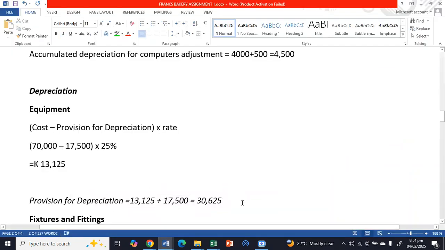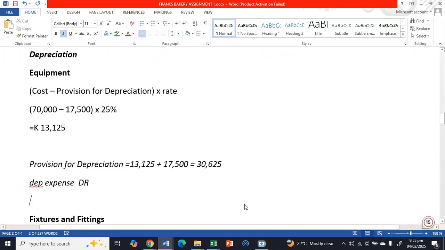You're always going to debit the depreciation expense, and you credit the provision for depreciation. Every time there's depreciation, that's what you do.